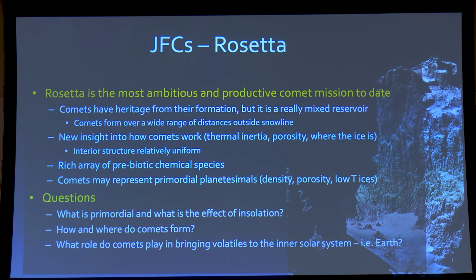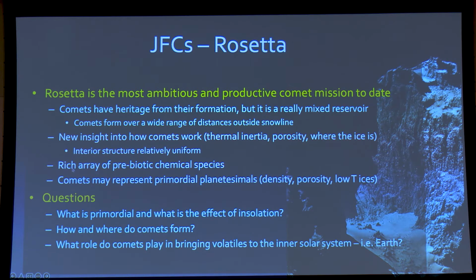Coming up to the Rosetta era, which was the most ambitious and productive comet mission to date, while it was really producing exquisite detail about how a comet works, it was showing us the same sort of thing. Comets are probably preserving the heritage from the formation, the very low temperature, early solar system insight, but comets clearly seem to have formed over a wide range of distances.